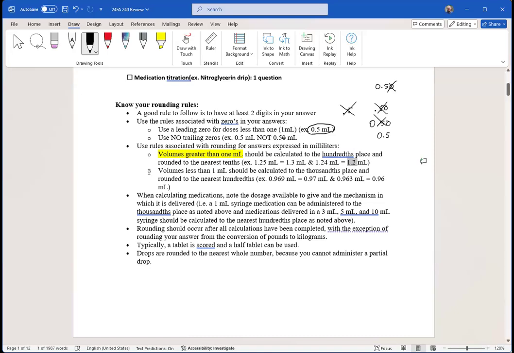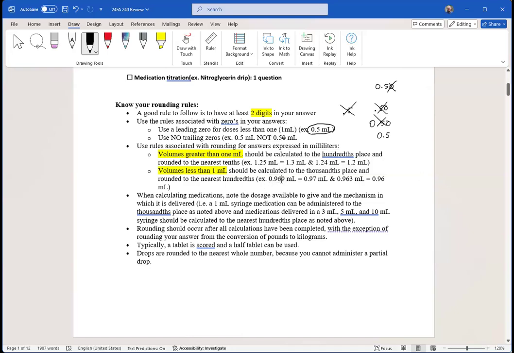If you have a volume that is less than 1 milliliter, we're looking to have 2 digits in your answer, like it says up here. If you have a number like 0.969, what you want is two of those digits.